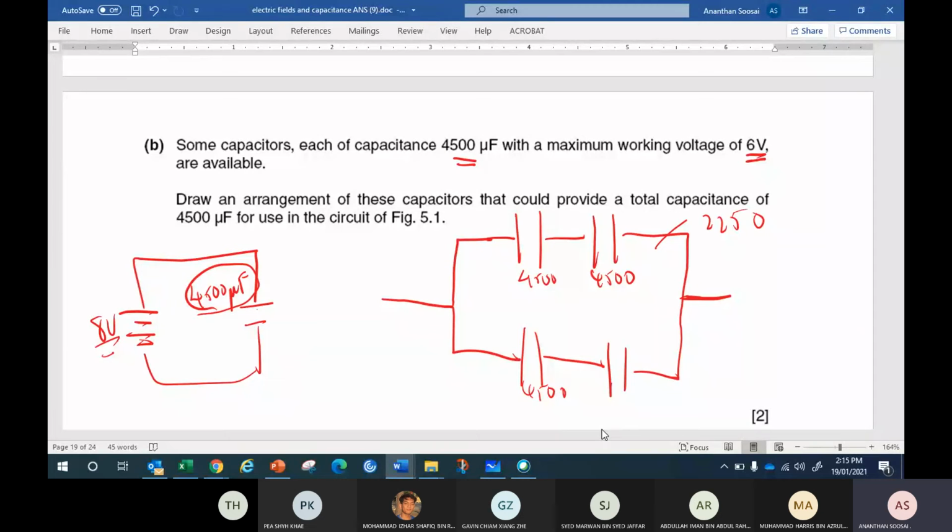The top is actually 2250, half of the 4,500, because 1 over 4,500, 1 over 4,500 give you the effective on top. Bottom also another 2250. So total is 4,500. Okay. So this is the connection. Any part you don't understand?